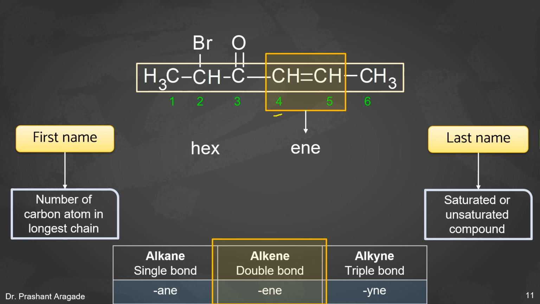So here on 4th number carbon atom, the carbon-carbon double bond is started. So just mention the position number. So name is combination of first name and last name, so hence combine. So name of this longest chain is 4-hexene, or you may write it as hex-4-ene. So both ways are correct.